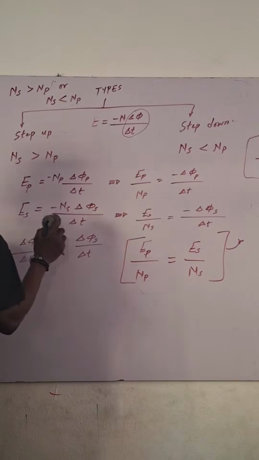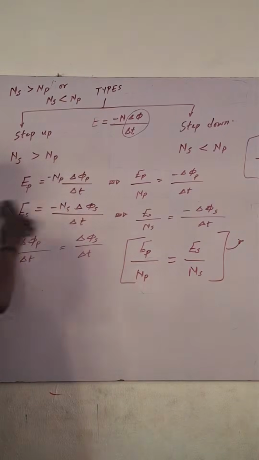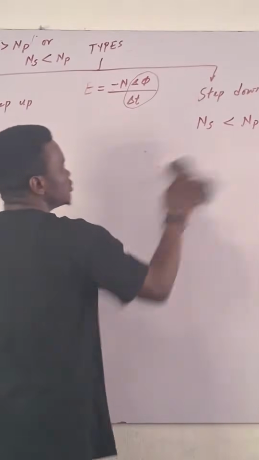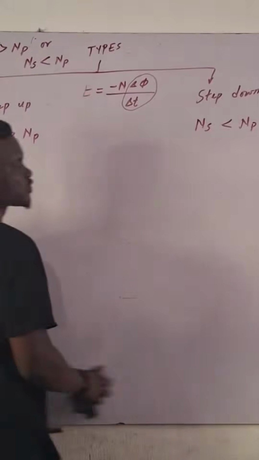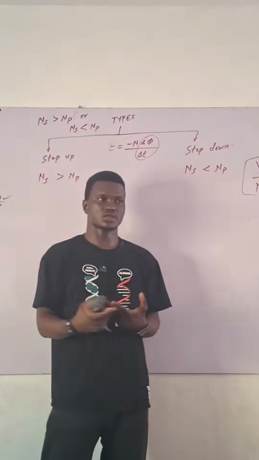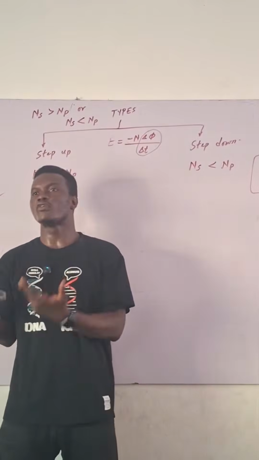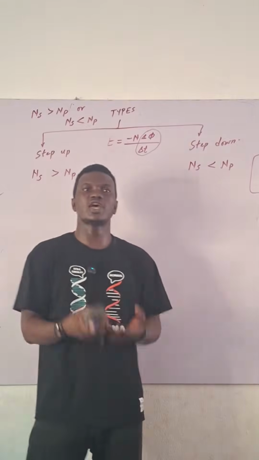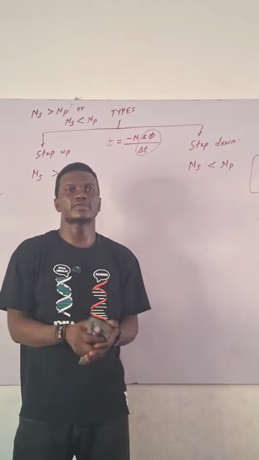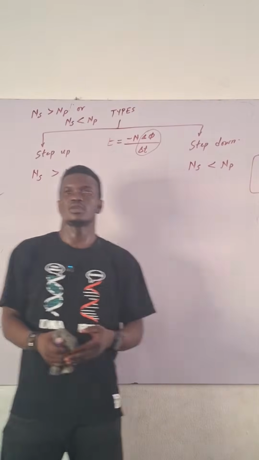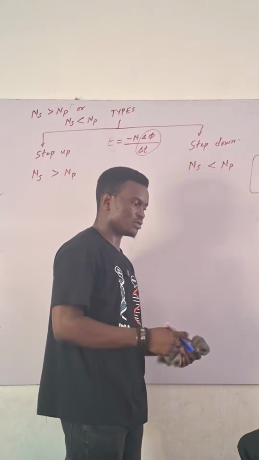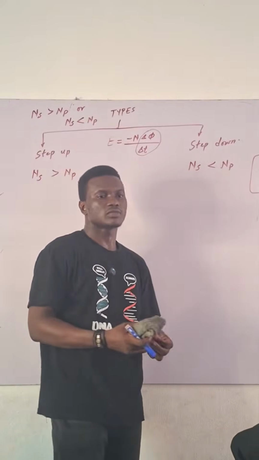They can ask you this in JAMB. So now, the efficiency of a transformer is just talking about the rate at which energy is being converted, or power is being converted, without loss of power.